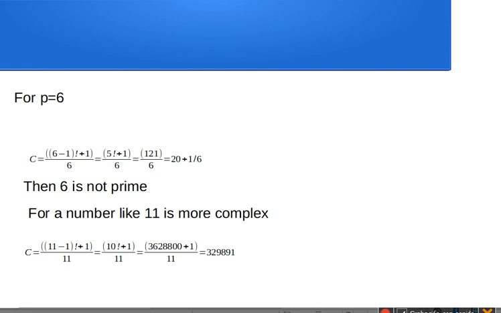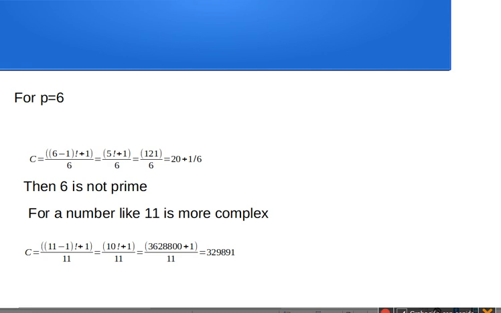And when you use Wilson's theorem, for this case, we want to show that 6 is not prime. But for a number like 11, we are going to try to use bigger numbers, and using Wilson is more complex.